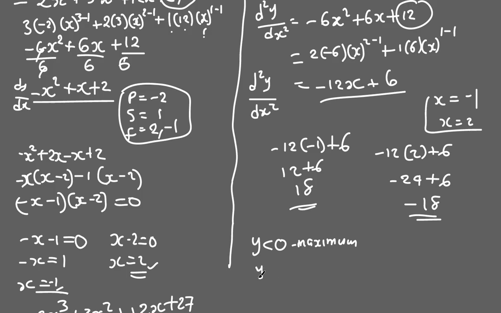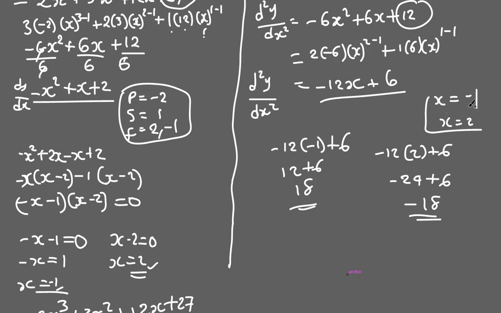And when y is greater than 0, this one is the minimum turning point. But now in this case, since they don't want us to find what the maximum minimum turning point is, but that is the same language we are using, we now get these same numbers.